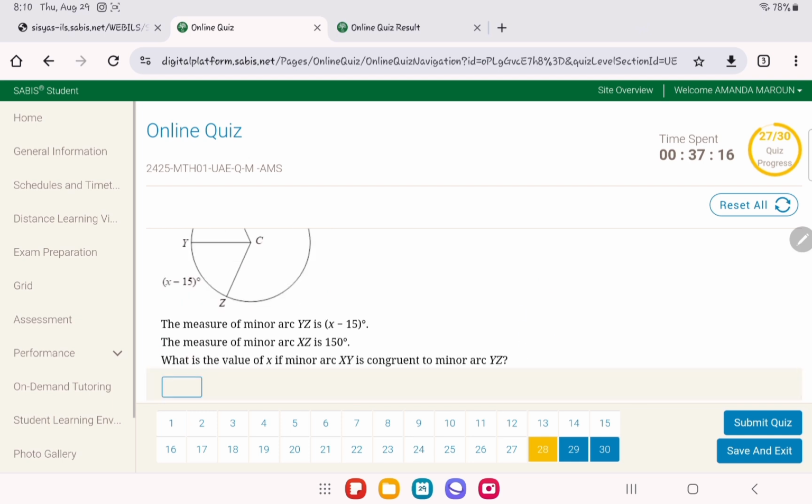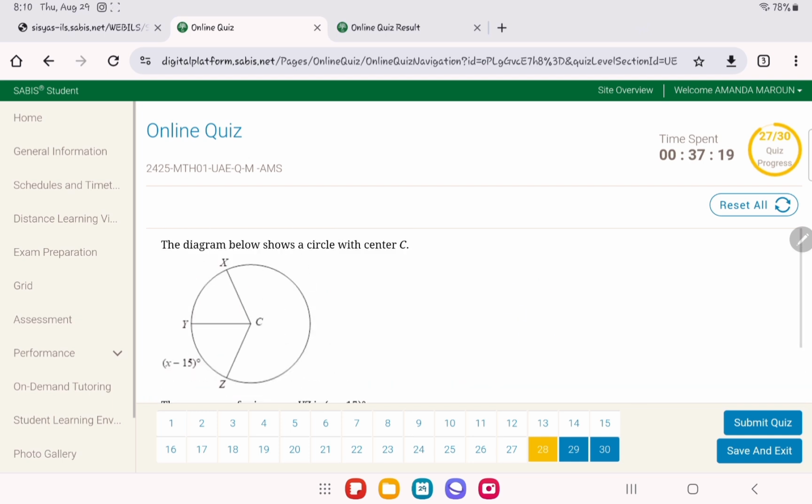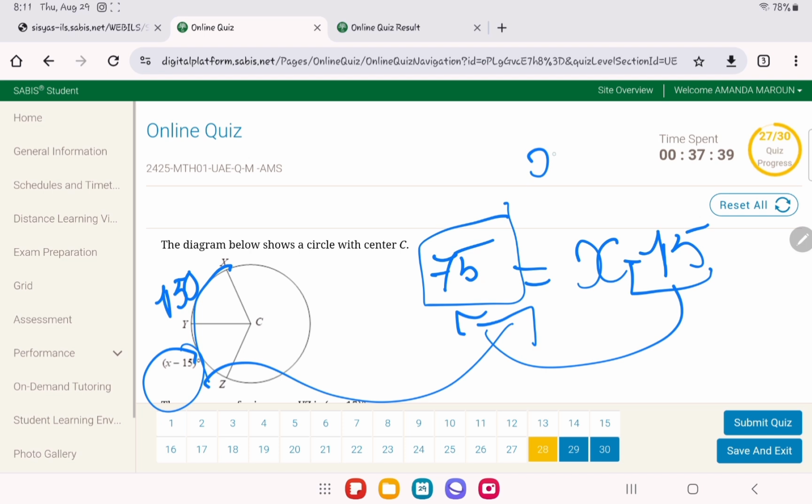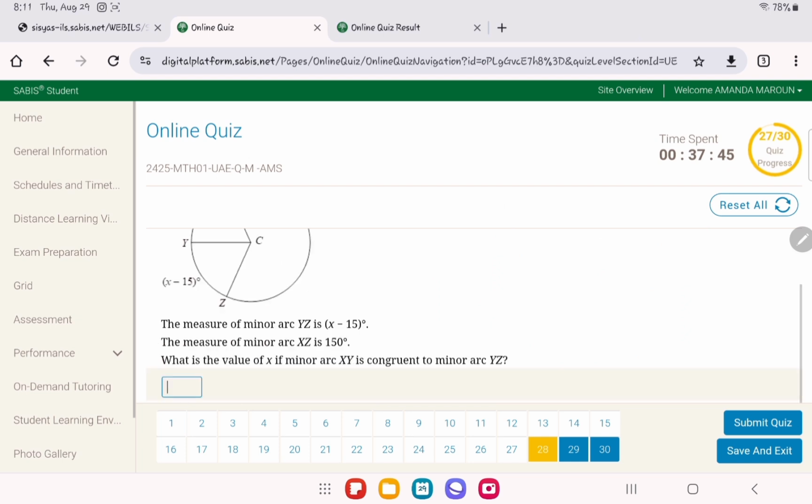So if XY is congruent to YZ, that means we can split 150 in half to get 75. Now this 75 is equal to what? This, x minus 15. So we bring the minus 15 to the other side. It's going to be x is equal to 75 plus 15, which is 90 degrees. So our answer here is 90.